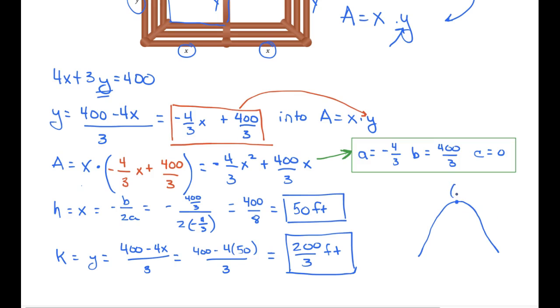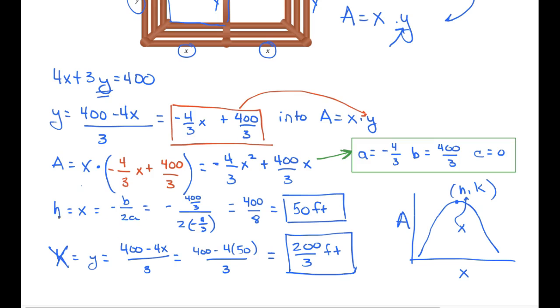We're looking for h in the hk form, because when you graph this, we have area up here and x down here on the bottom, since x is the independent variable in the area equation. So h, this value right here, is x. And the k value in this case is area, which we don't care about. I should not have put k right there.